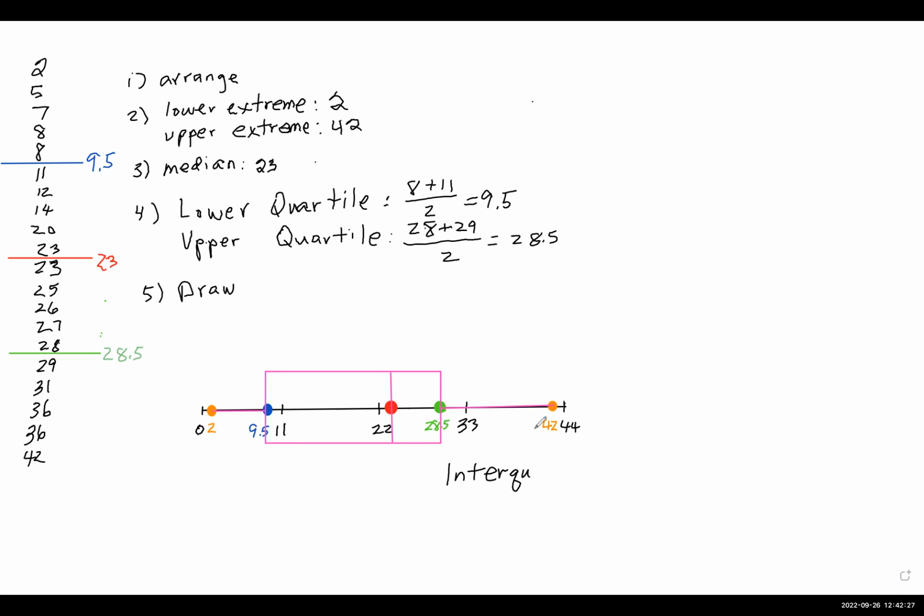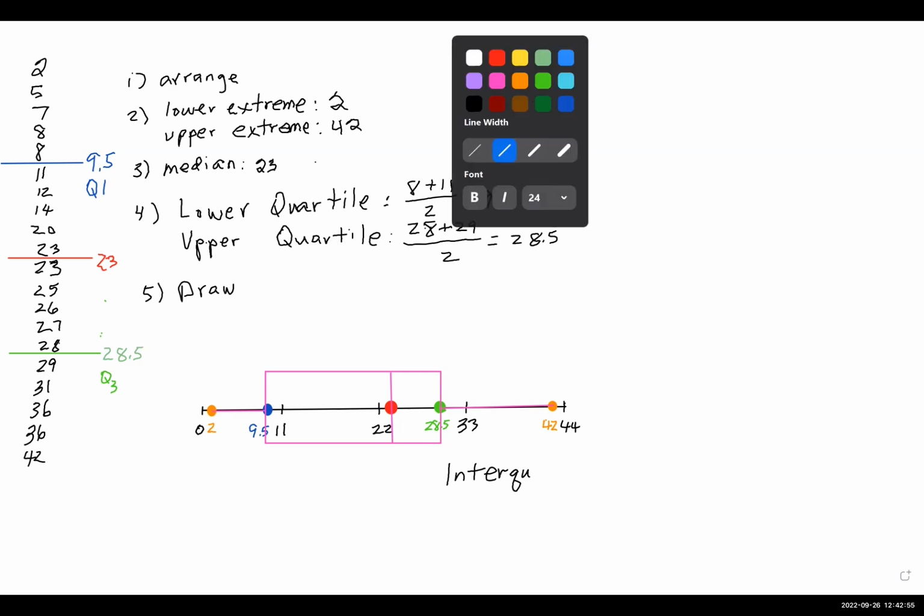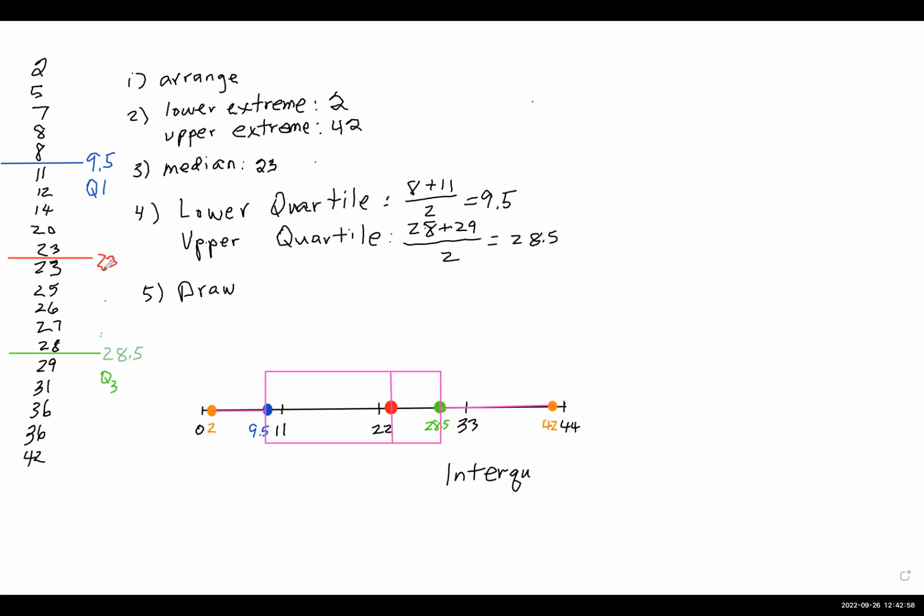Also, this lower quartile is often called Q1, quartile 1, and this upper quartile, this is just vocabulary, is often called Q3, because Q2 would be the median. So those are the 3 numbers, Q1, Q2, and Q3, the 3 cuts that divide our data into 4 pieces. All right, so that's just shorthand for this kind of thing.